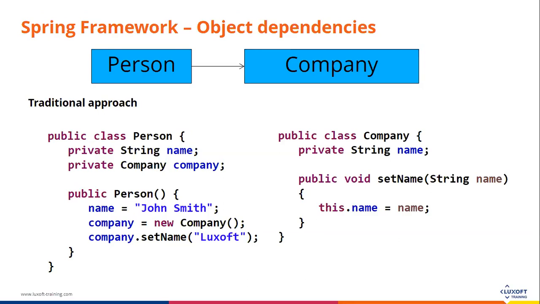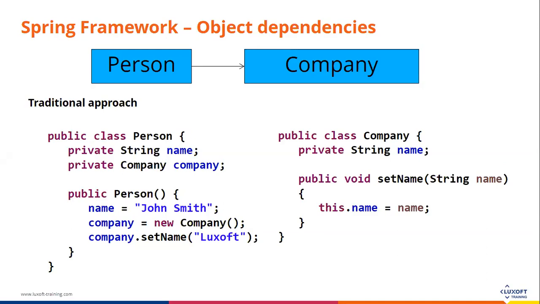What we see here is something simple and classical at the same time. We have a person and we have a company, and of course there is a dependency, or we may say a connection between them. The person works for a company, so there is a dependency between the person and the company.